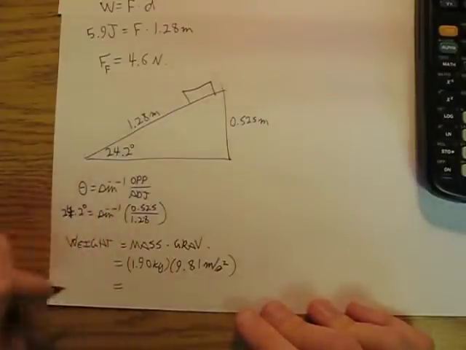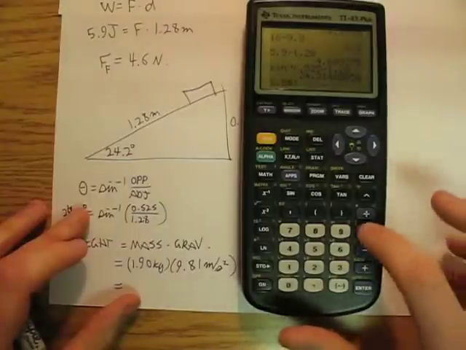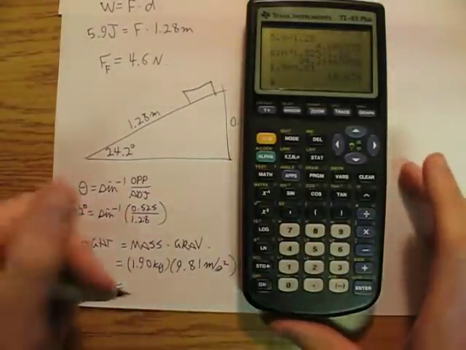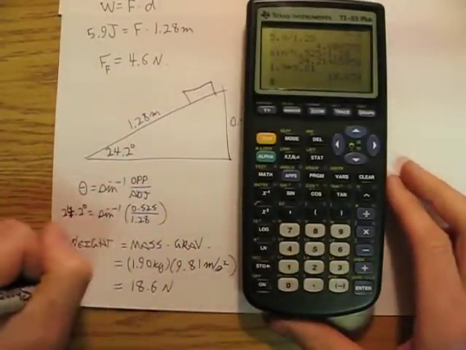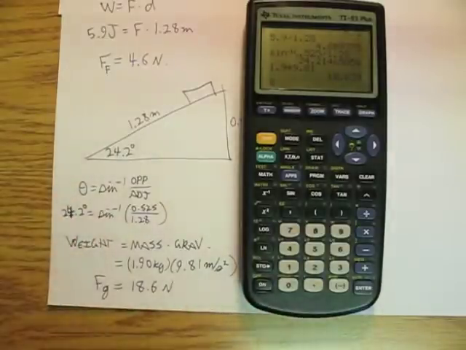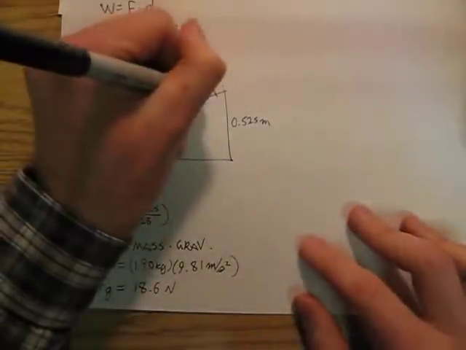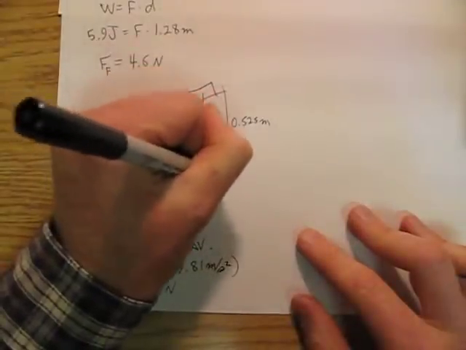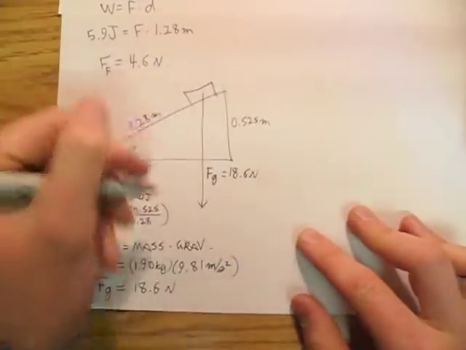So I'm going to say my weight is 18.6 newtons. I'm going to call that force gravity, another way of saying weight. So that's force gravity, which is 18.6 newtons.